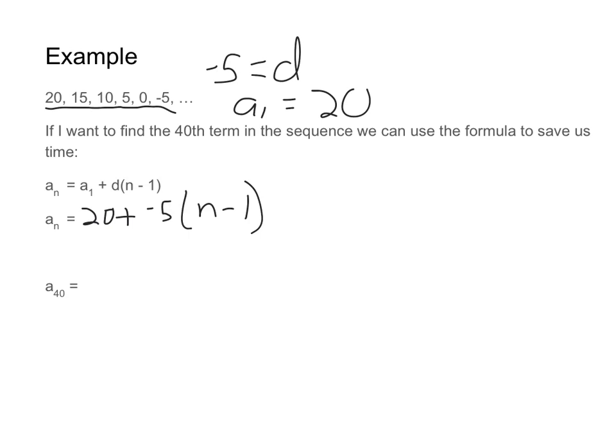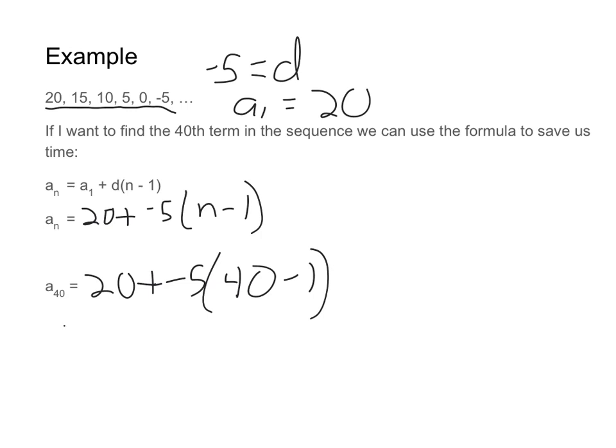Now, if we look down below, again, we use this to find future terms, so we don't have to do it all by hand and add it up. If I want to find the 40th term, we have 20 plus negative 5, and now I'm term 40, so n is 40, so we plug in 40.